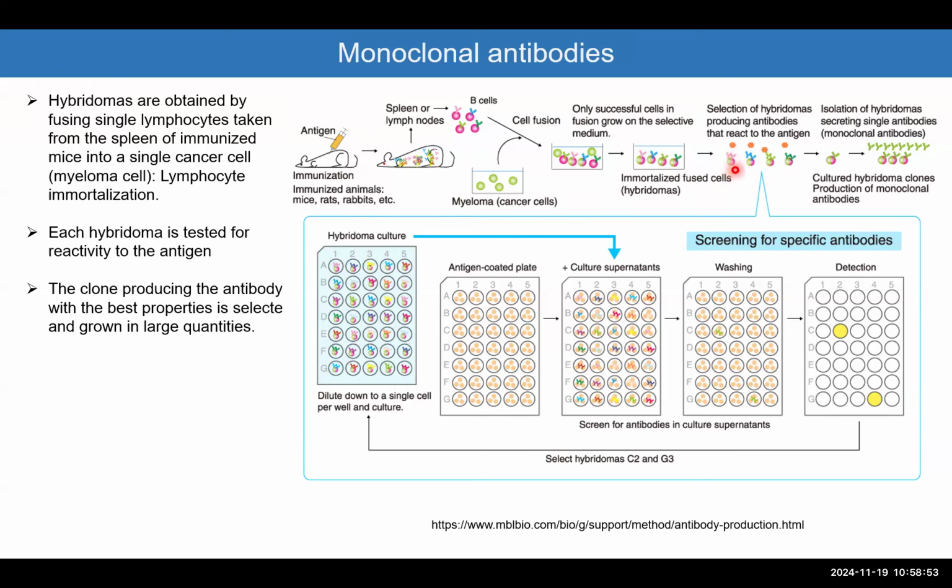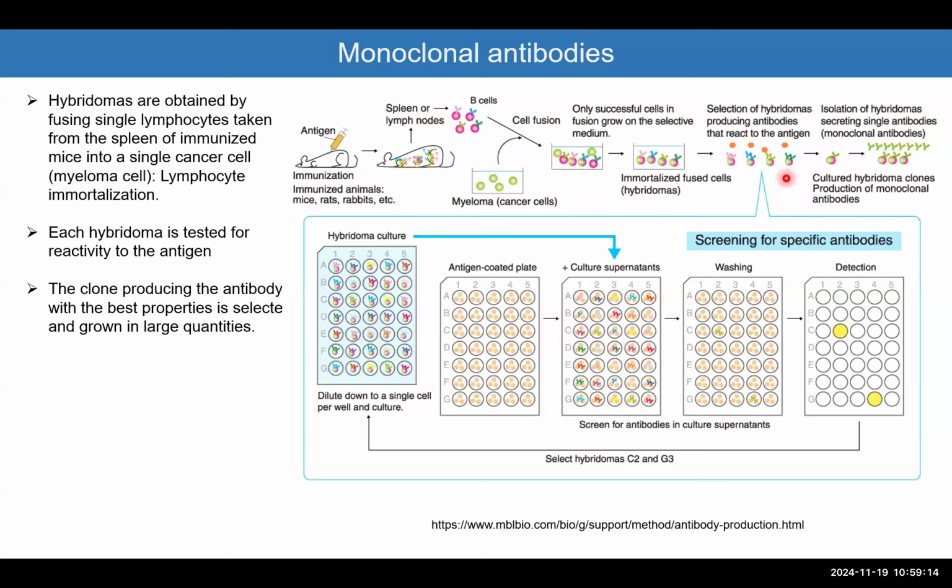So we have the B cell that has the pink antibody fused with the myeloma. So this is hybridoma number 1. So it's clone number 1. And the blue one is another clone. The green one is another clone. The light green is another clone.